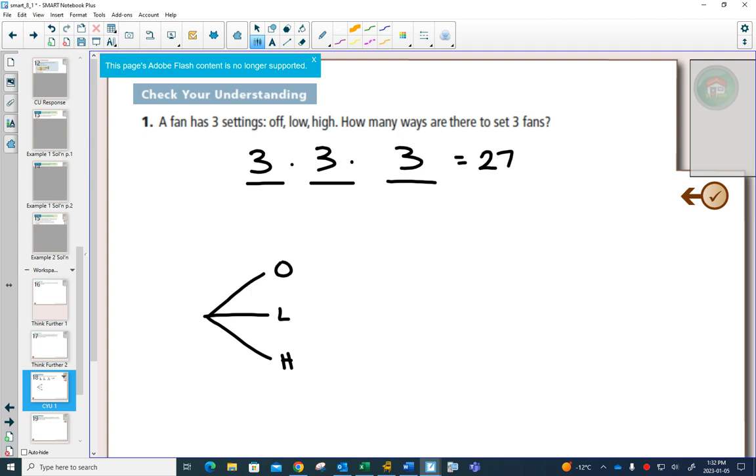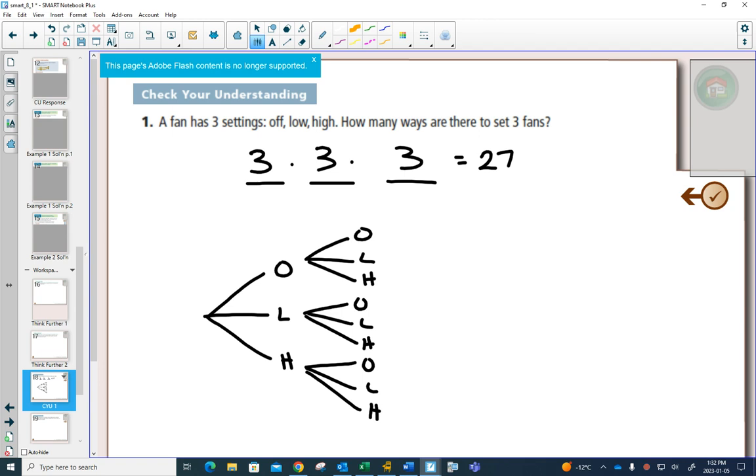Then, whichever one you choose, fan number 2 could be off, low, or high, off, low, or high, off, low, or high, right? If you chose off first, then you could set your second one at any one of those 3.